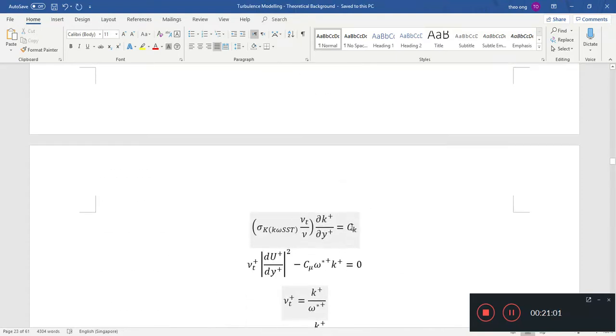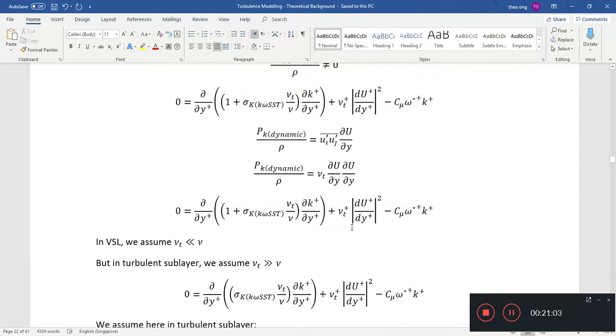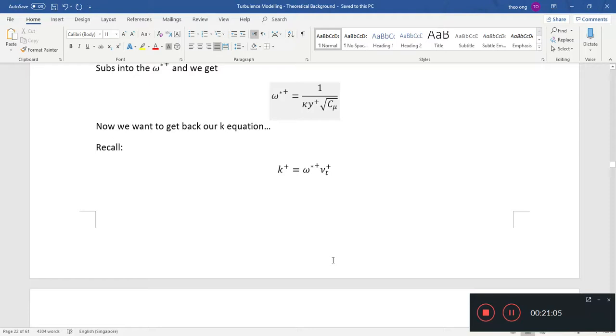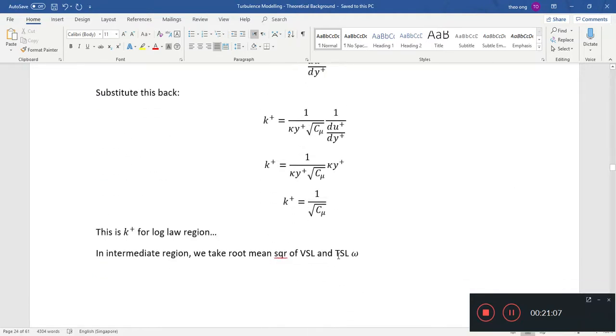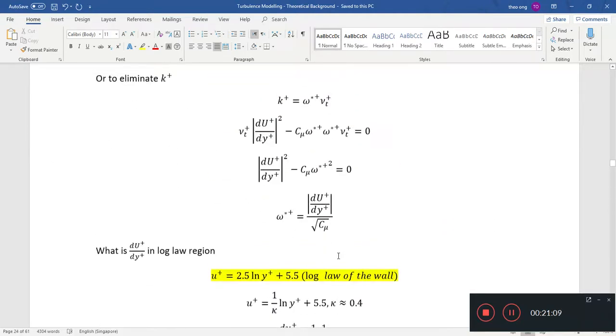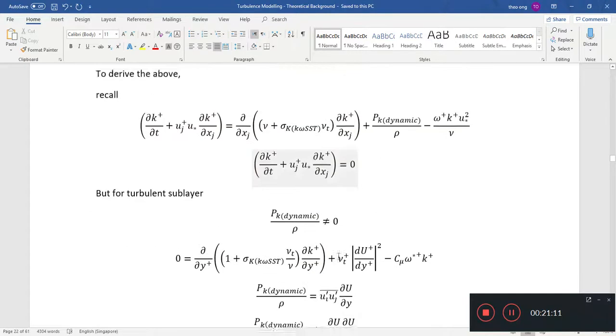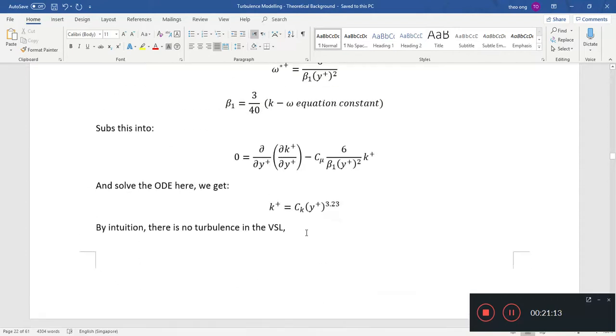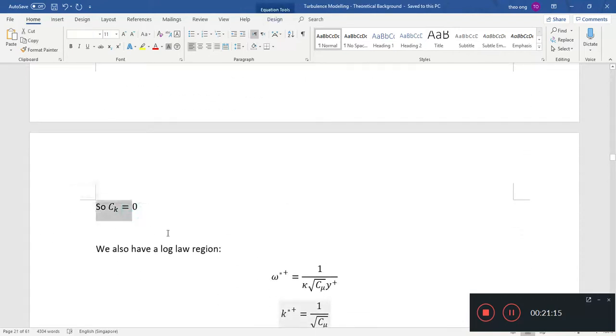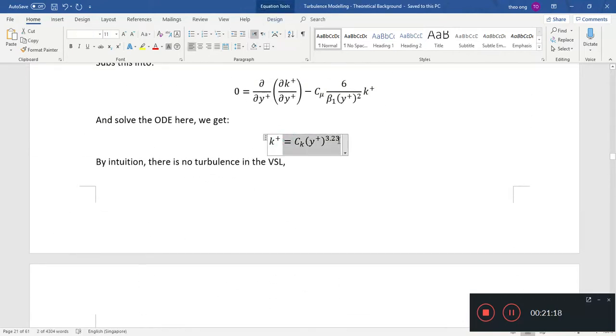We have not derived how we get that Ck equals 0. Where's the Ck? Ck should be on top. Here, yeah. You have not derived how Ck equals 0, but just by intuition you can already guess.